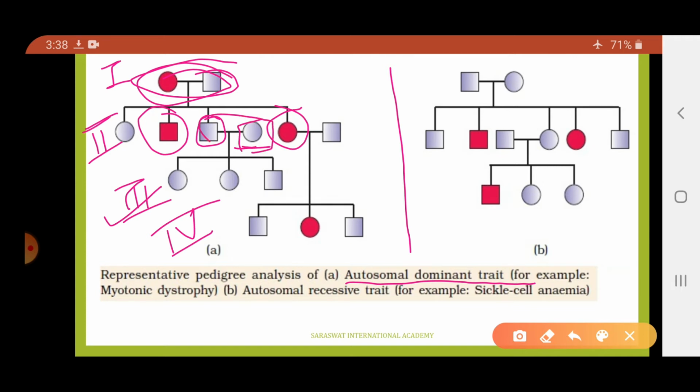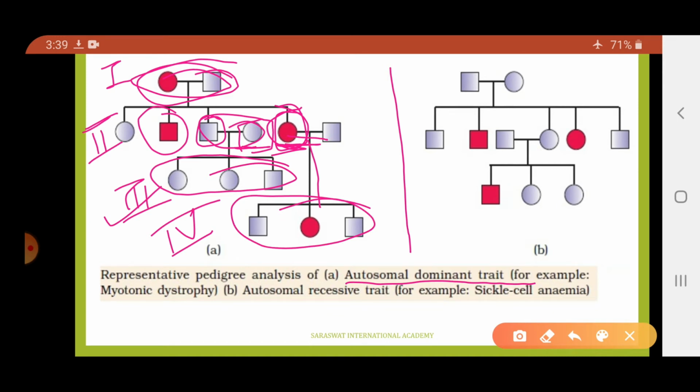So in the generation between them, no one is affected. But see, in the second generation one of the females, the daughter, is affected. That affected daughter marries a normal male. But I told you it is a dominant trait, so here it is not skipping the generation, right?